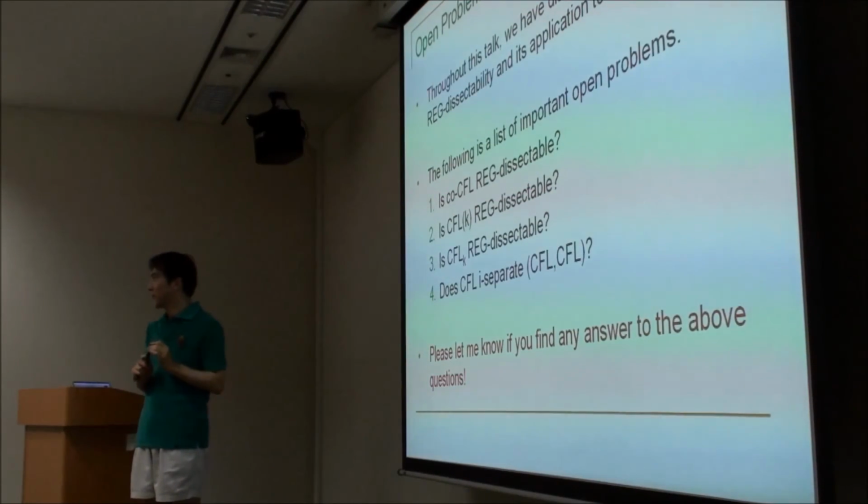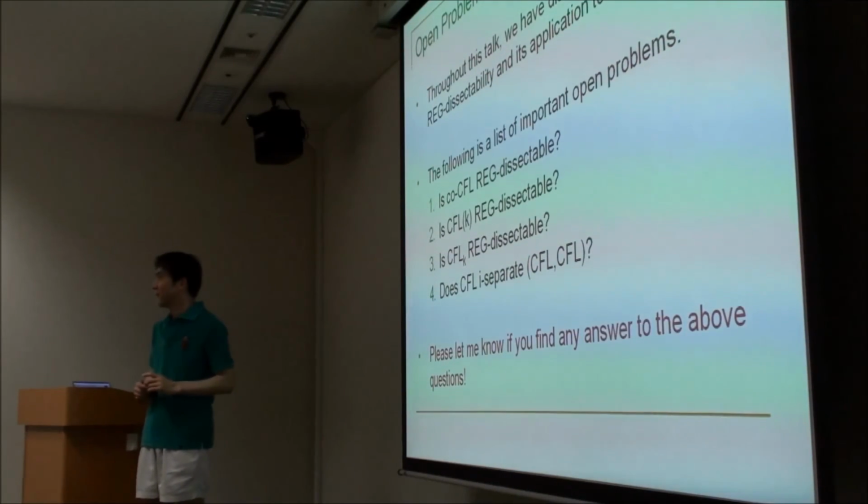Usually in this kind of theory, we find the class of languages which cannot be dissected, and using those languages as a core, we build up some systems. So my question is whether such a theory can be established based on it.